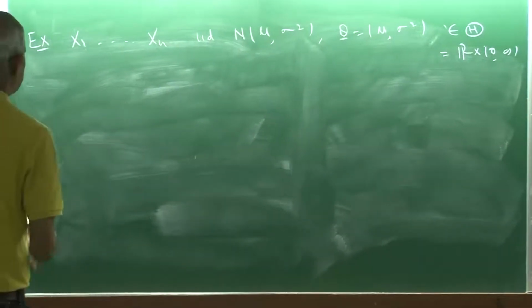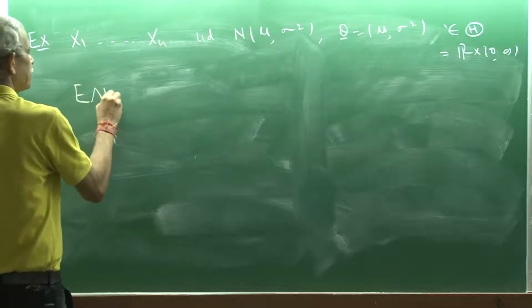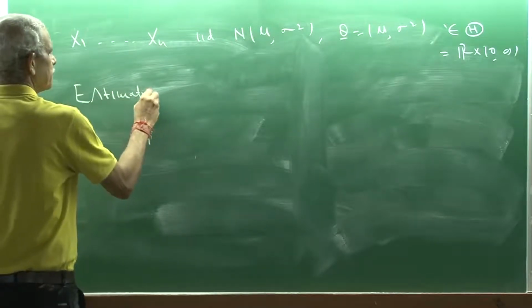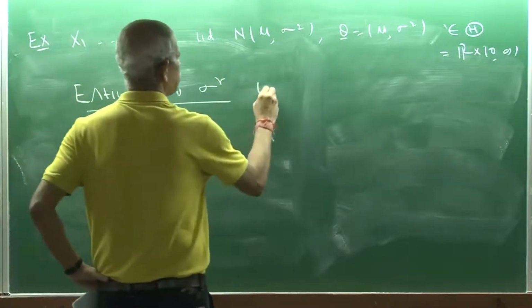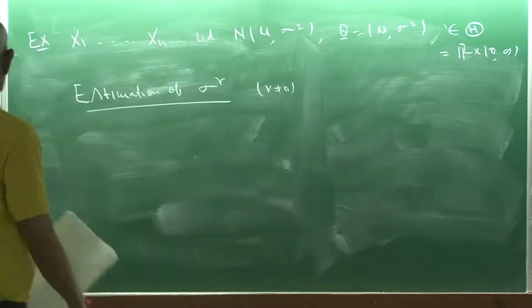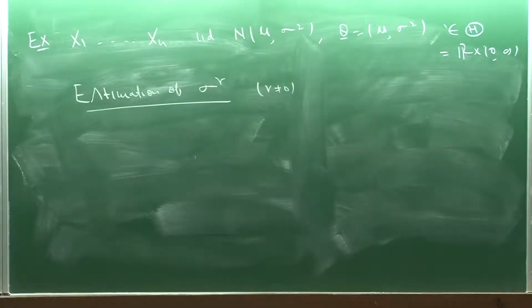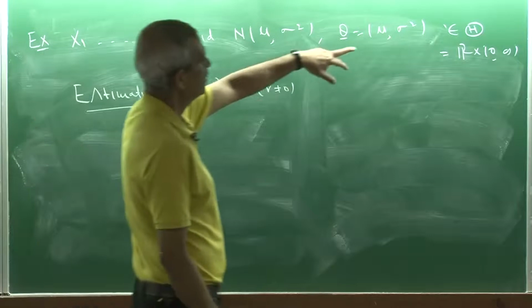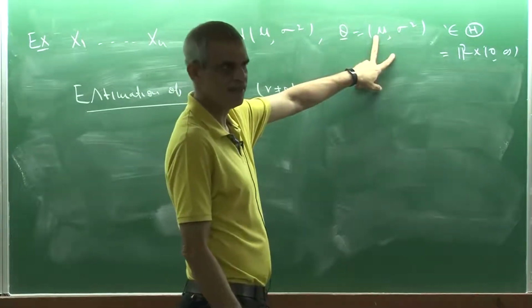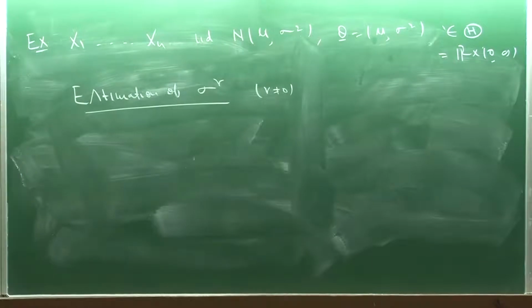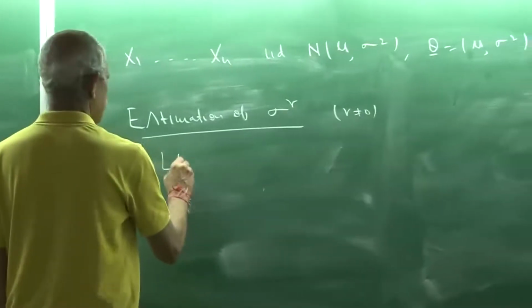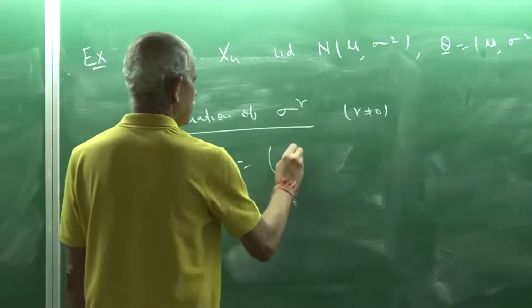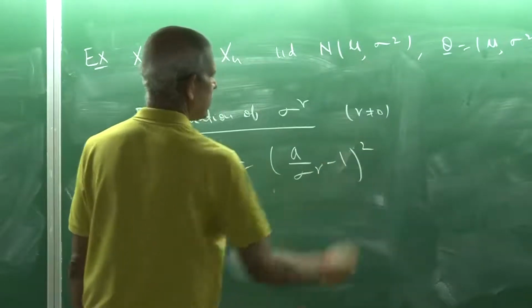Suppose I consider estimation of sigma to the power r. Now, if mu was known, I considered this problem in the last lecture, and I had taken there mu to be 0. Okay. So, what I need to do over here, and my loss function, suppose, is a by sigma to the power r minus 1 whole square.